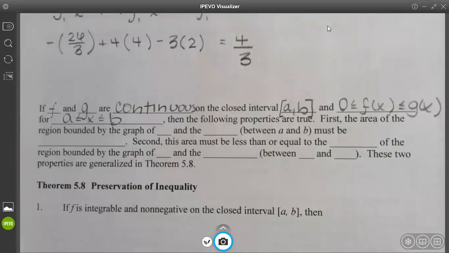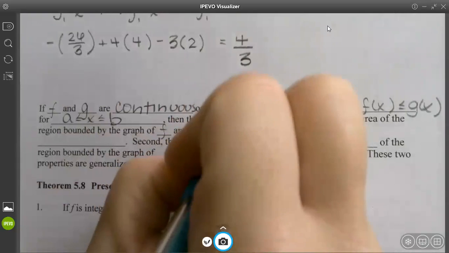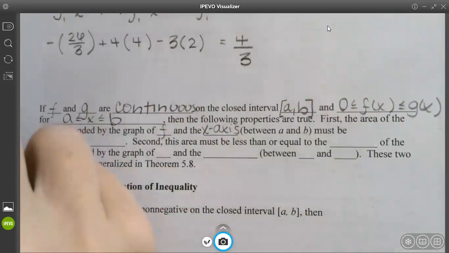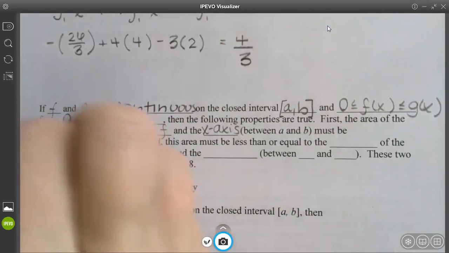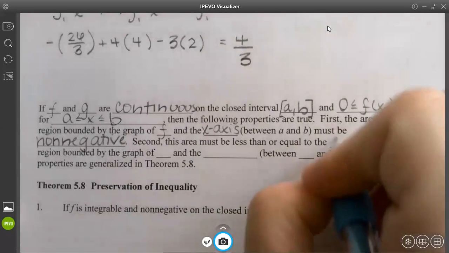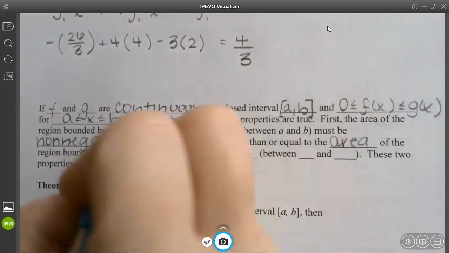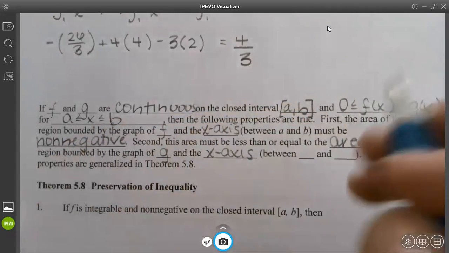First, the area of the region bounded by the graph of f and the x-axis between a and b, which we already know, must be non-negative. You guys understand that if it's negative, you can't have a negative area. Second, this area must be less than or equal to the area of the region bounded by the graph of g and the x-axis between a and b.